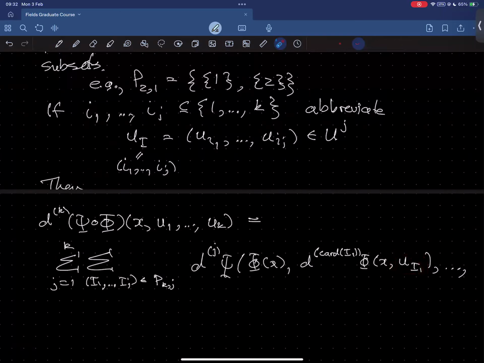Again, this notation refers to this. And then you just do that for all j terms in the partition. So D^{card I_j} phi(x) u_{I_j}.